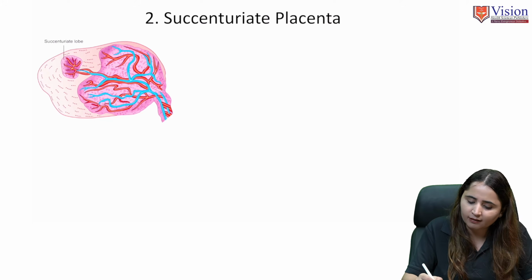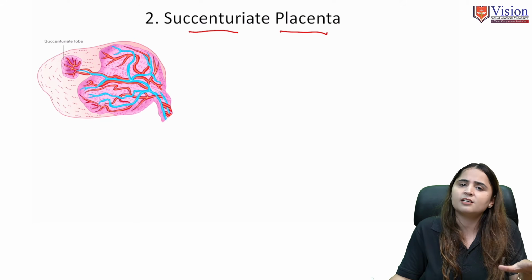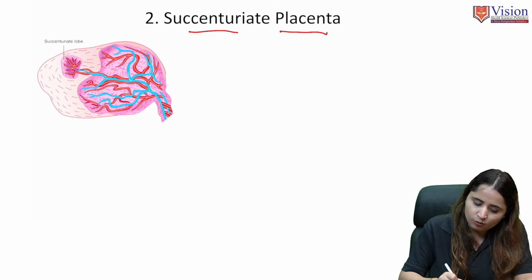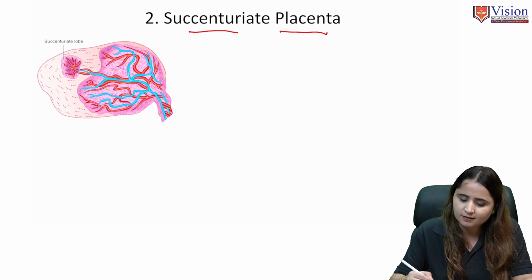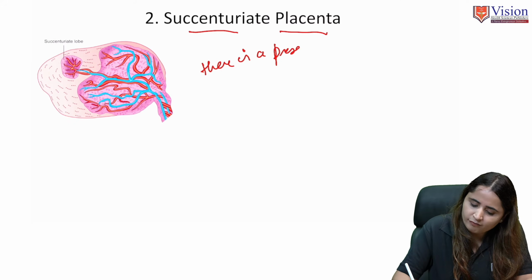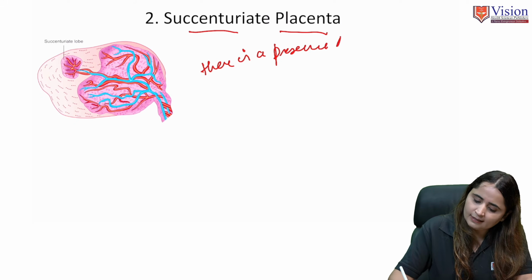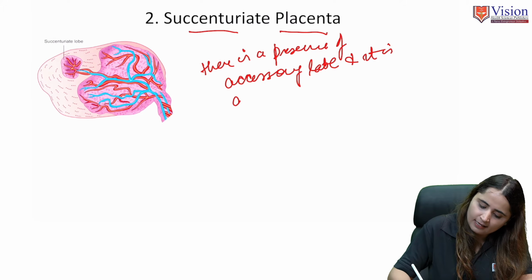Second is another very important abnormality, that is succenturiate placenta. So here in the diagram you can see that this is succenturiate placenta. So what happens in a succenturiate placenta? There is a presence of an accessory lobe, and it is attached to the placenta.